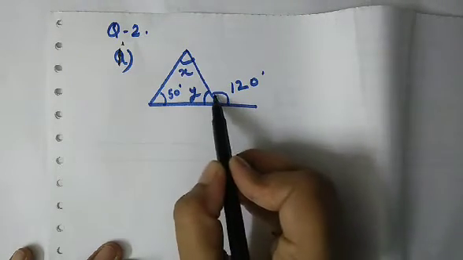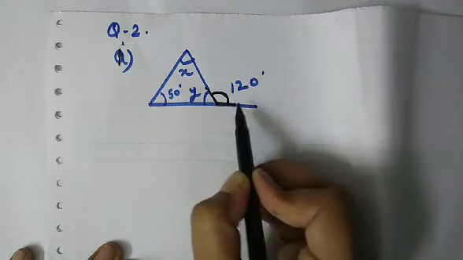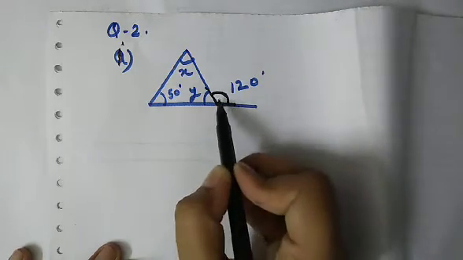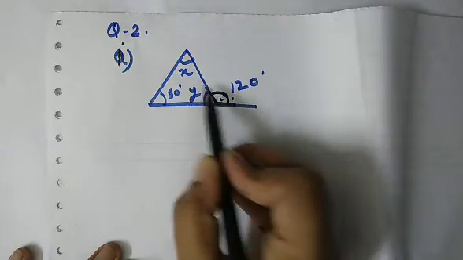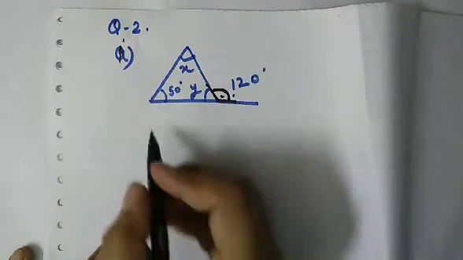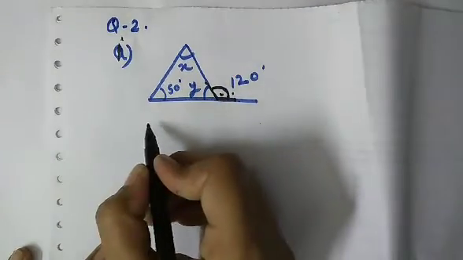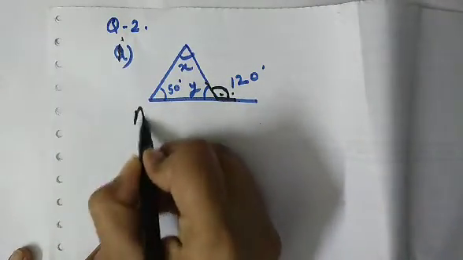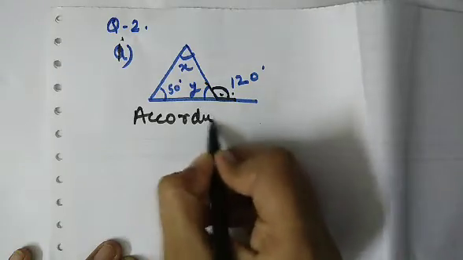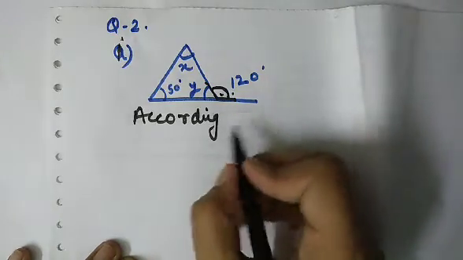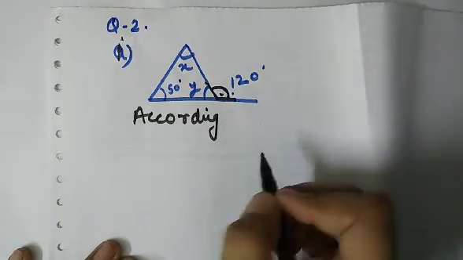Now 120 is the exterior angle, so can I apply the exterior angle property, that this 120 is equal to 50 plus x. As you are applying the exterior angle property, you have to mention the reason, because reasons are the important part of this chapter.